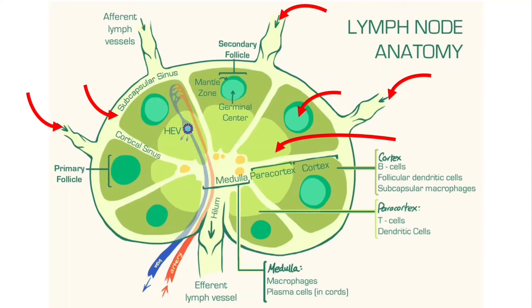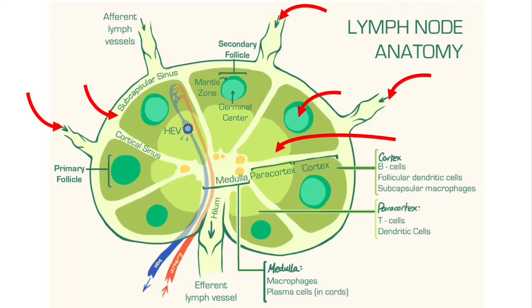Then we go to the inner cortex, the lighter green area, which is predominantly filled with T lymphocytes. T lymphocytes are different from B lymphocytes. B lymphocytes produce antibody. T lymphocytes are killer cells.